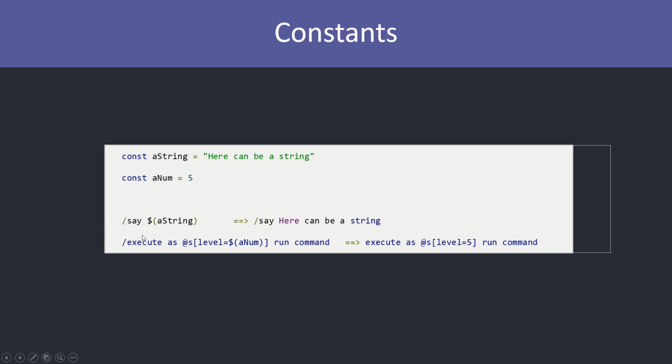In the say command we use the a string constant, so this one here, and it just replaces this whole thing here with our say here can be a string. The number can also be used in the command, so we can say level equals a num, and it replaces the level here. This is pretty easy, right?